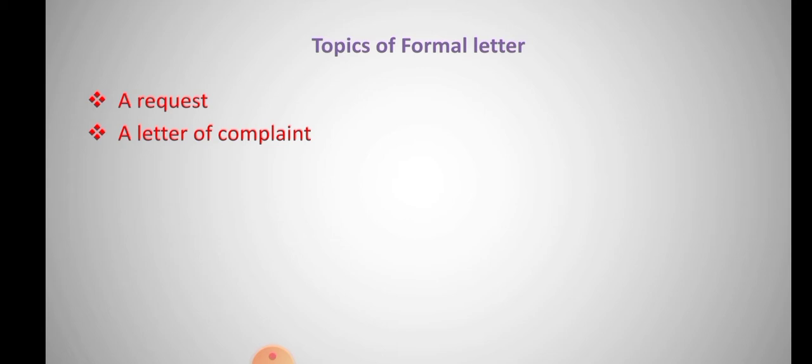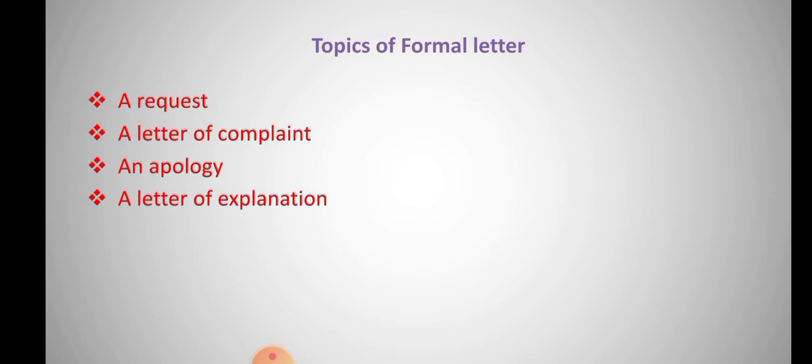Definitely if I am complaining about something, then I should also provide everything about the details of the product, and the tone again should be formal. After this, apology or letter of explanation.